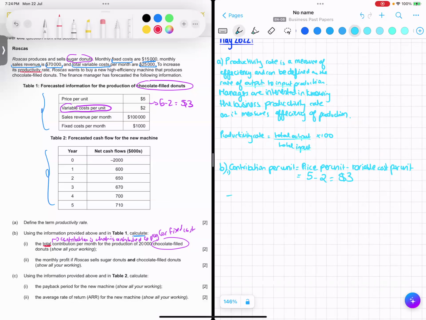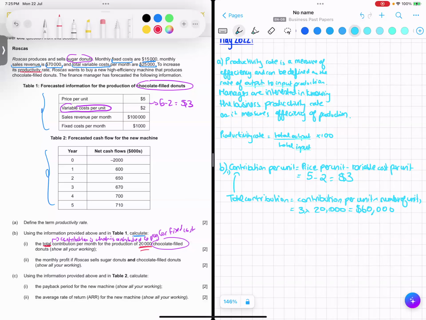So basically total contribution is just contribution per unit, which we already calculated here, per unit, times number of units equals 3 times, in this case, they gave us 20,000, which is equivalent to $60,000. Okay, so this is the total contribution.